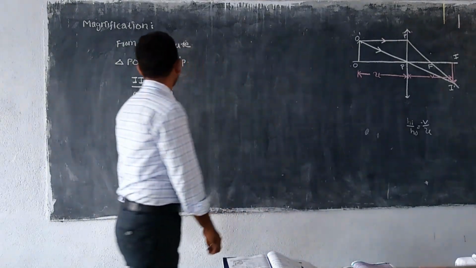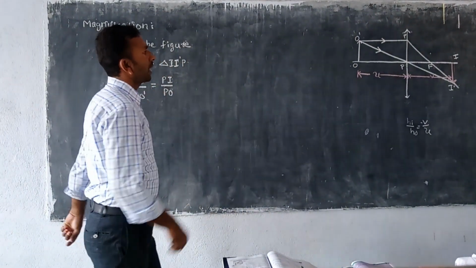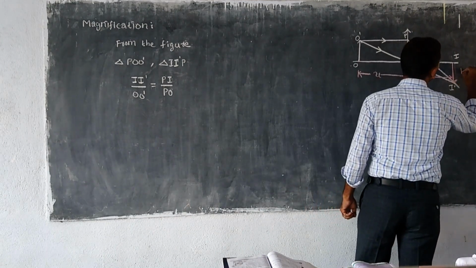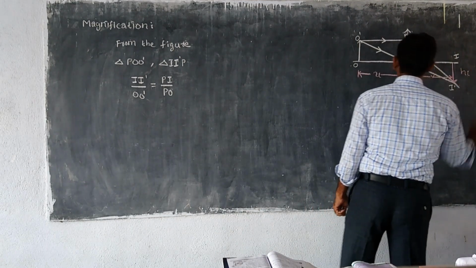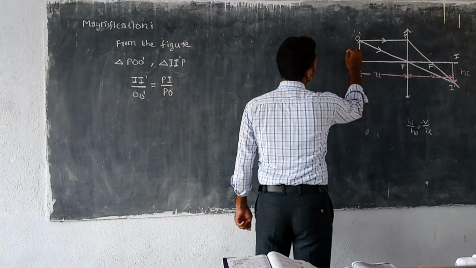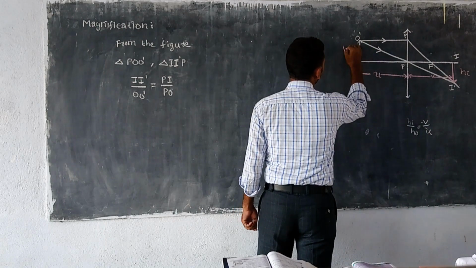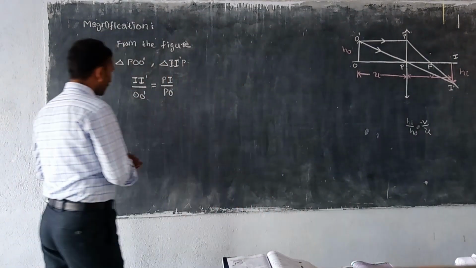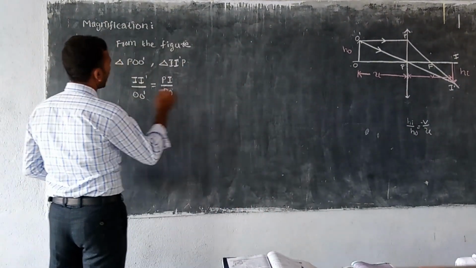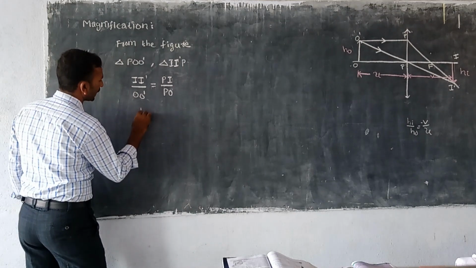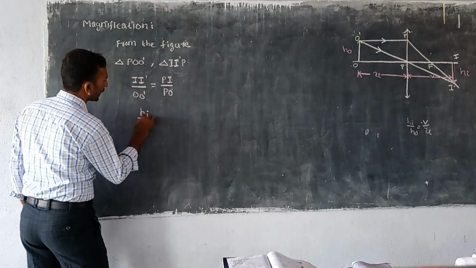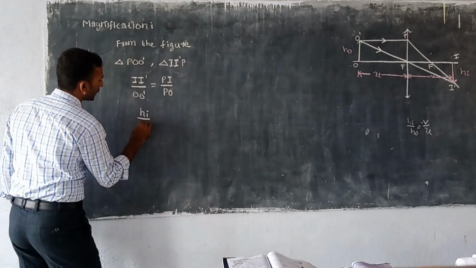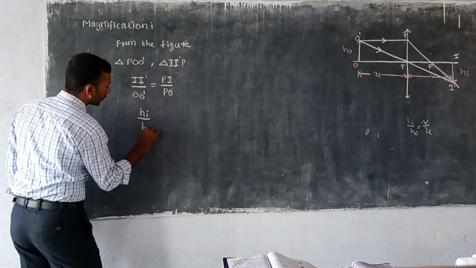And what are the values here? I dash means image height HI, and O dash means object height HO. We can substitute those values: I dash means HI, and O dash means HO from the picture.